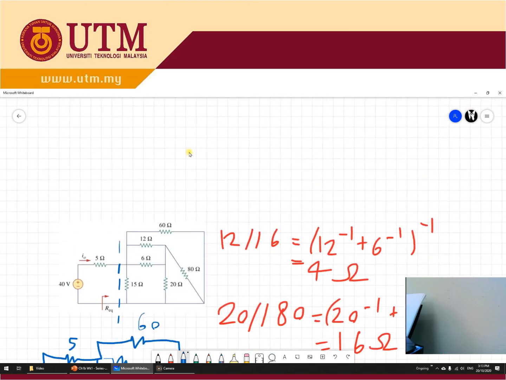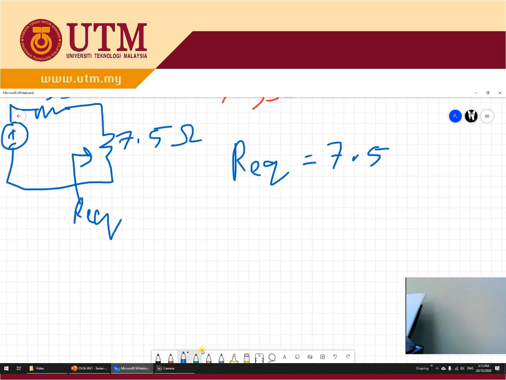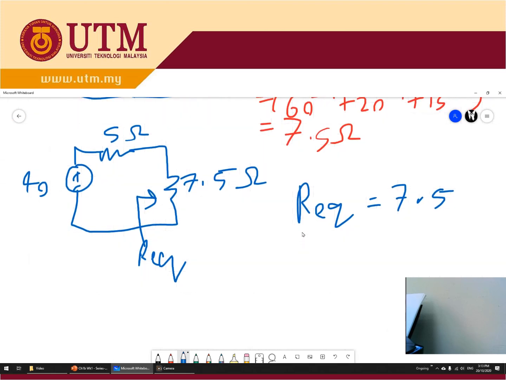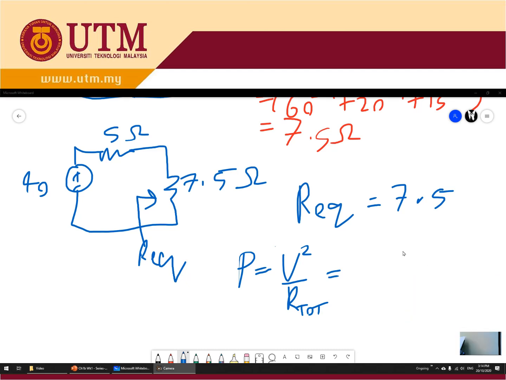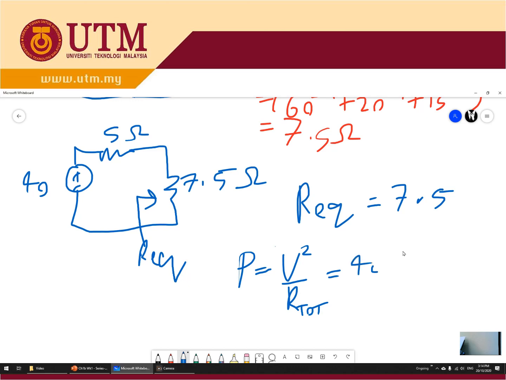But if they don't want the calculation of the I out, you can directly calculate P equals V squared over R total. So R total is 7.5 plus 5, and V squared is 40 squared divided by that. Okay, you get the answer.